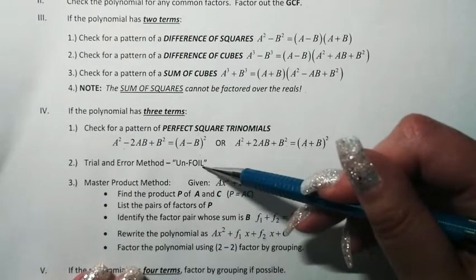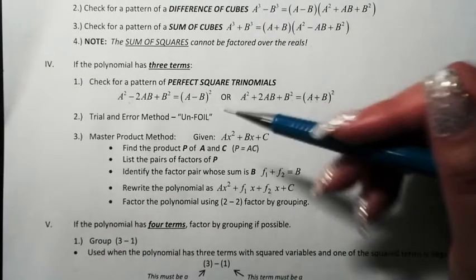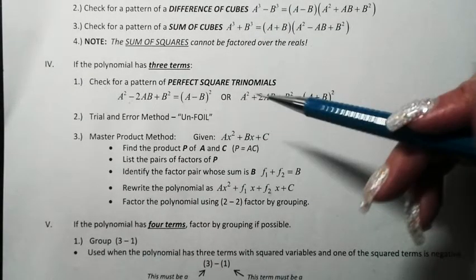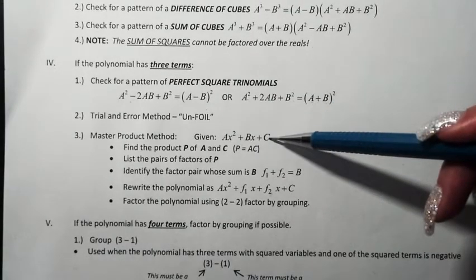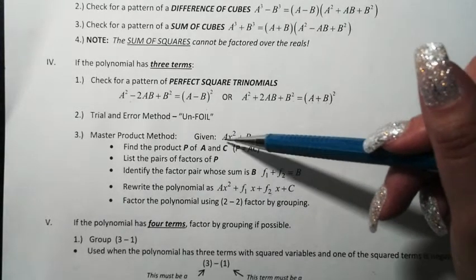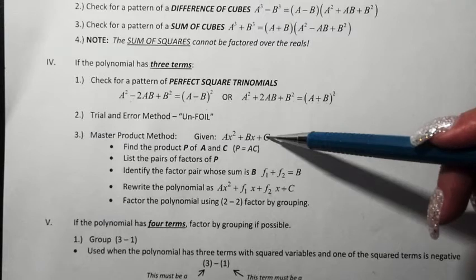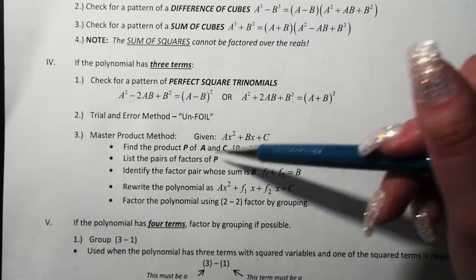I know that some of you are really good at it. Another way that is more methodical is the master product method. You have ax squared plus bx plus c. You need to find the product of a times c. And then you're going to list the pairs of factors of ac, a times c.